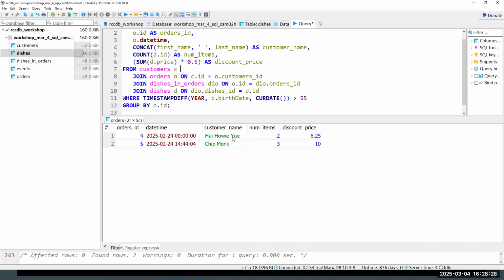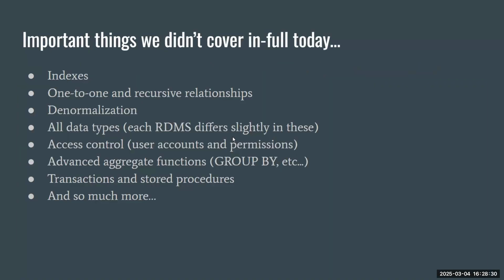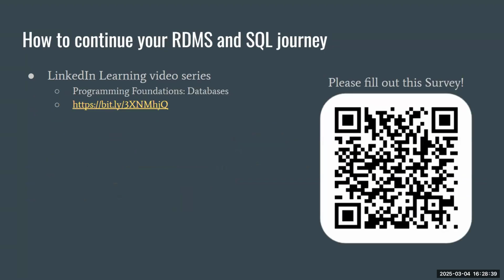So important things that we didn't cover today, there's a list of them. And if you want to continue your database and SQL journey, I actually stole our restaurant example from a LinkedIn Learning video on purpose, because based on what I've covered in this workshop today, this video training series, which is really good, by the way, covers a similar use case in much more detail.